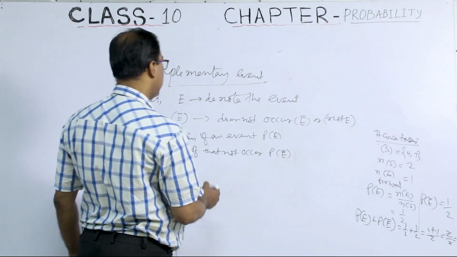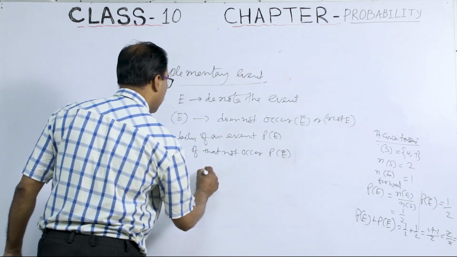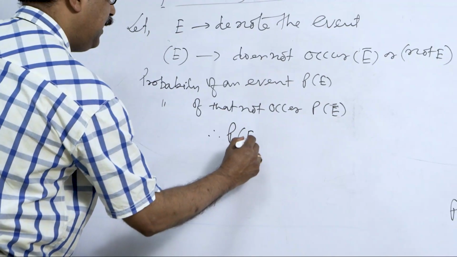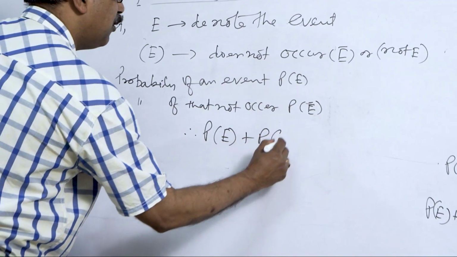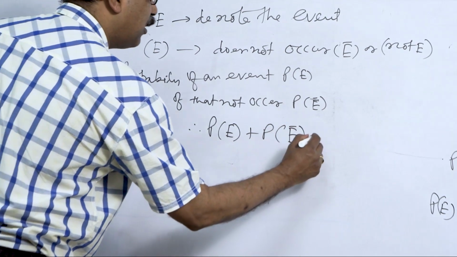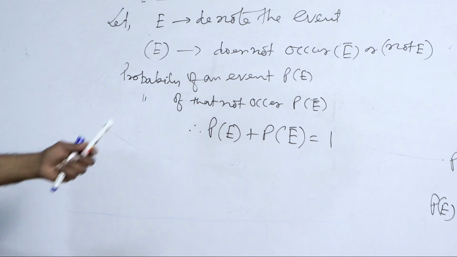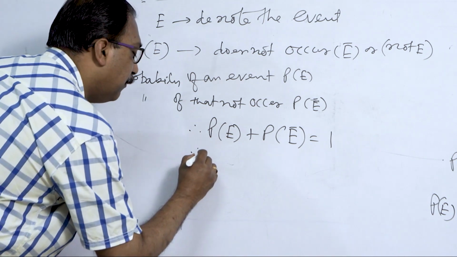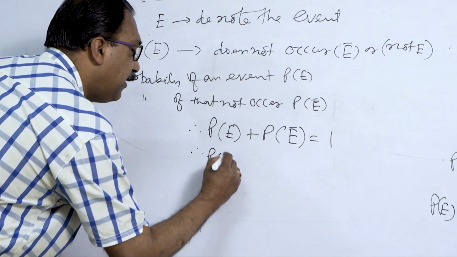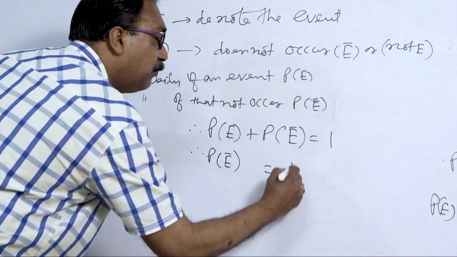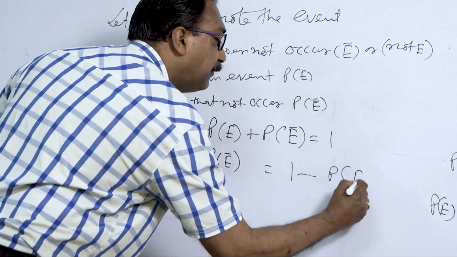So if I add these two, probability of E plus probability of E bar, which is not occurring, together we get 1. That's why the sum of the probabilities is 1. If you want to find P of E and they give the probability of not occurring, that will be 1 minus P of E bar.